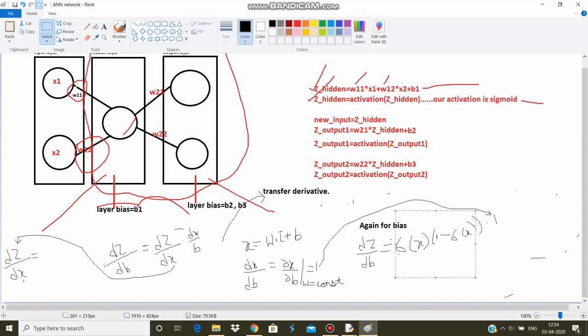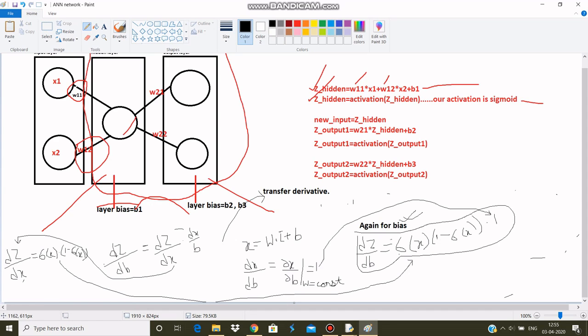Copying this is a bit of a problem, so I'll just write it down. Don't think that this is 6, because it is pretty difficult to write sigma here. Just assume that this is sigma of x. Sigma is a Greek symbol, so think it is sigma of x, not 6 of x. Some people will think that this is 6x into 1 minus 6x, but it is not. So this is our final derivation.